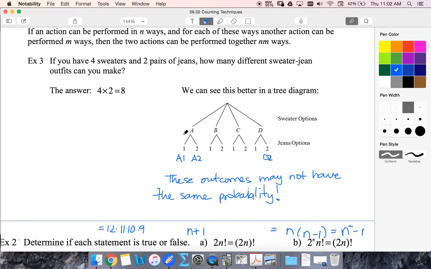Let's say you love sweater A, you wear it all the time. Sweater D is super itchy and you only wear it if everything else is dirty. This has a much higher probability of happening than this outfit. So that's one way to remember that the outcomes are not the same probability.